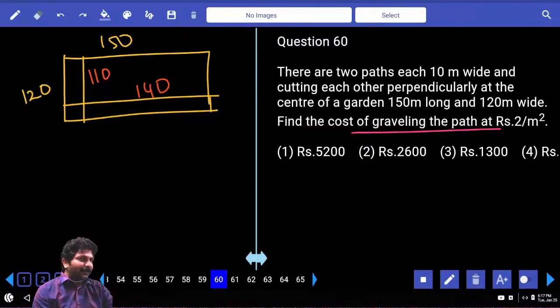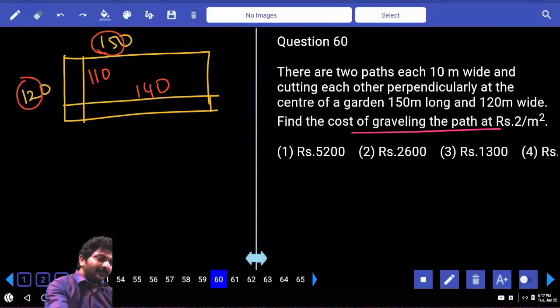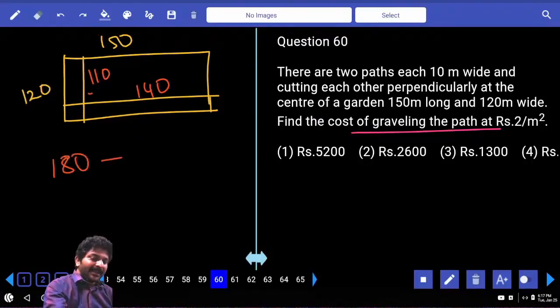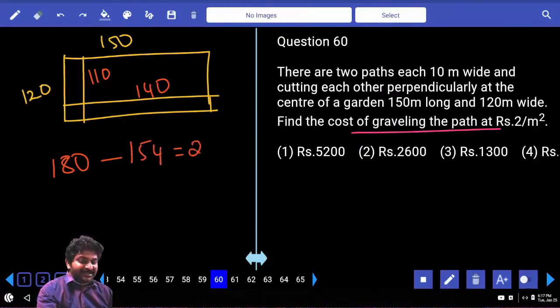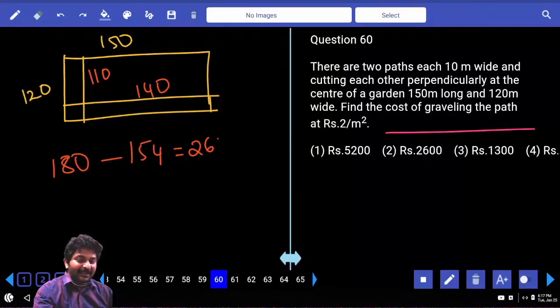So in the product you'll have 2 zeros. Since we know that already, let's leave the zeros and start, we'll see the zeros later. Okay, 15 into 12 minus 11 into 14, 14 10 times plus one more time, 140 plus 14, 154. How much is this? 26. Now to write the full answer, how many zeros should we write?